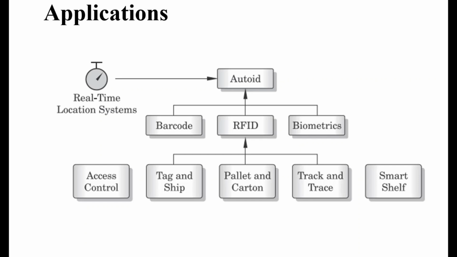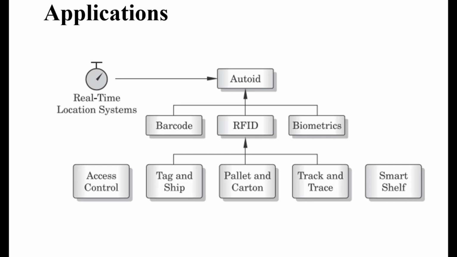The fourth one is track and trace. Items can be traced throughout the supply chain, ensuring transparency and reducing loss or theft. The final one is smart shelf.